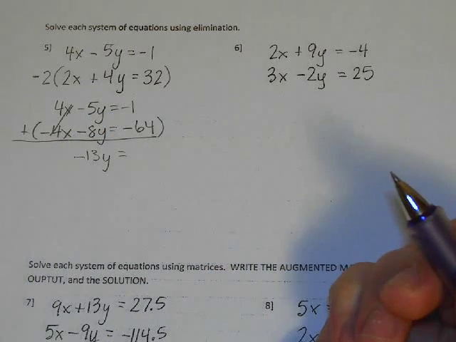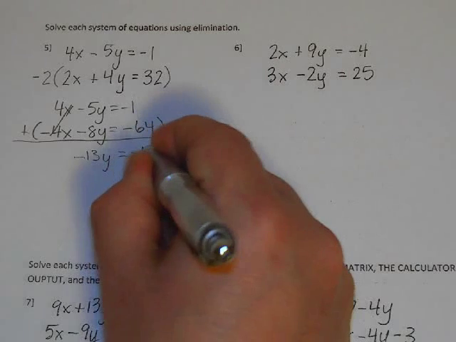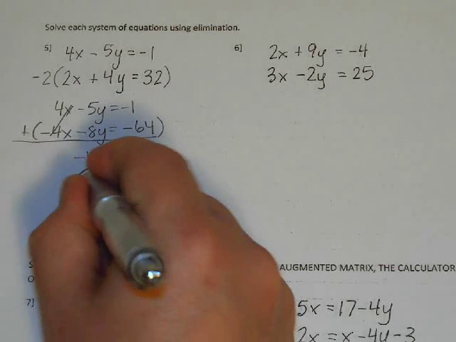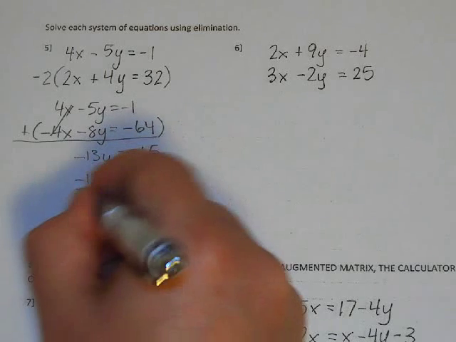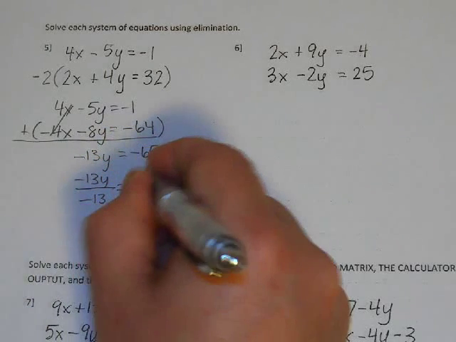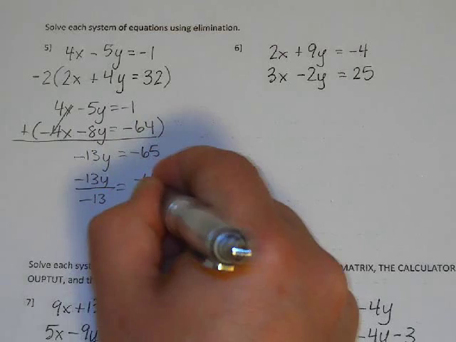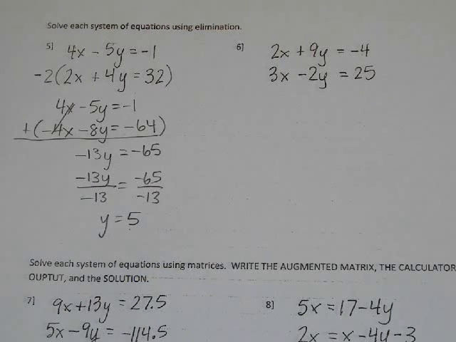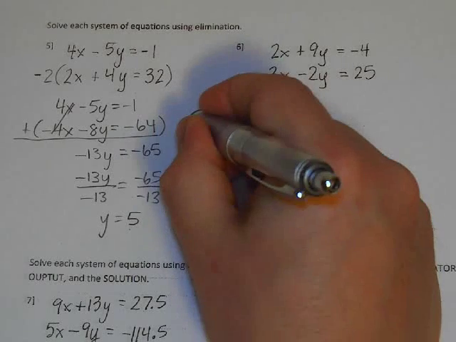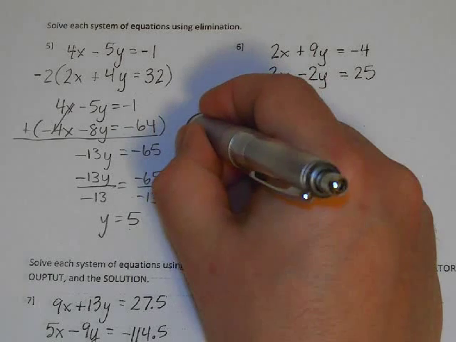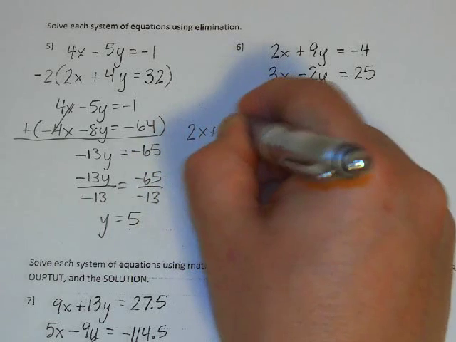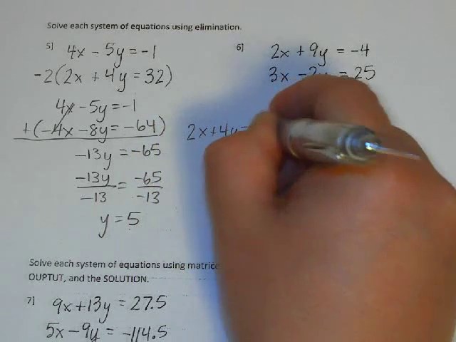And negative 1 minus 64 is negative 65. Dividing both sides by negative 13, we get the solution's y-coordinate, which is 5. I'm just choosing the bottom equation to solve for x.